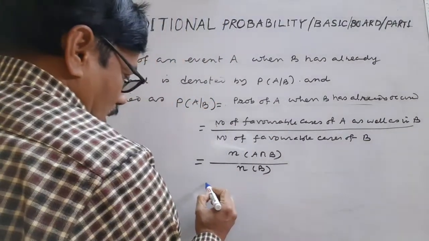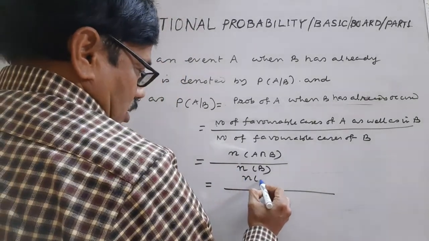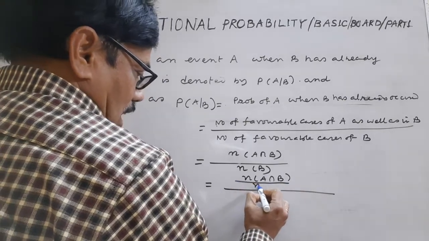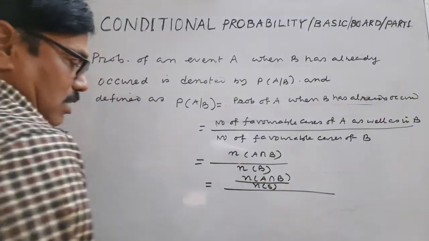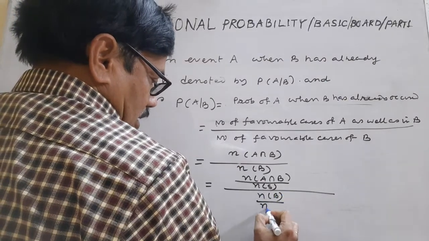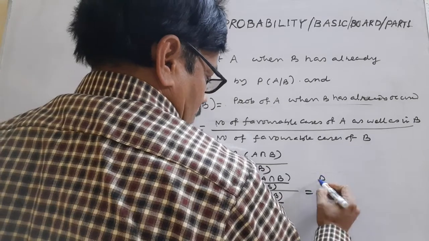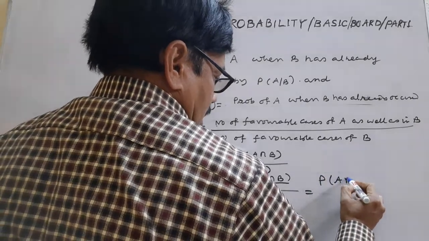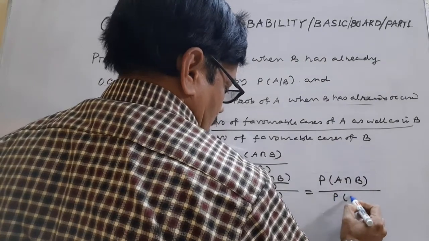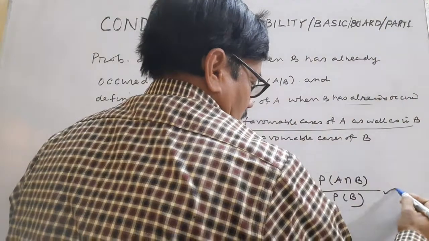Now, if we divide it by the sample space n(S), we get n(B) by n(S). So by the classical definition, it is P(A intersection B) by P(B). So, this is our definition.